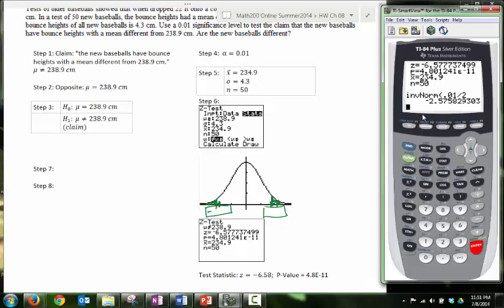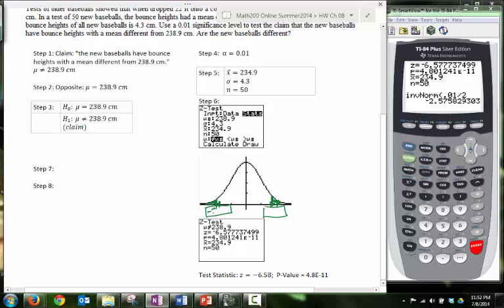So an inverse norm will give us a negative 2.575 or 576. Again, usually they want this in 2 decimal places, so let's call it negative 2.58. So negative 2.58, 2.58, and so clearly your test statistic, your Z, is going to be in the critical region.